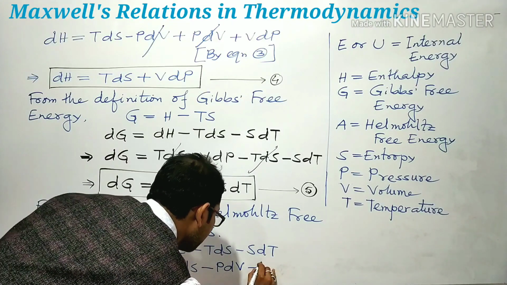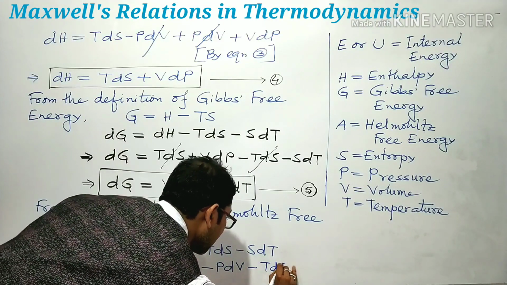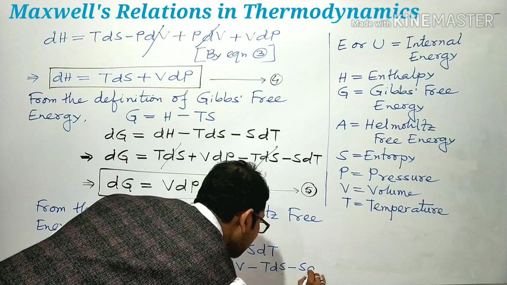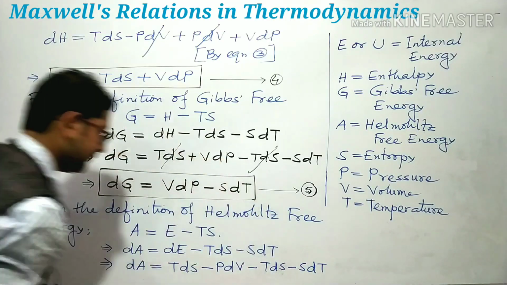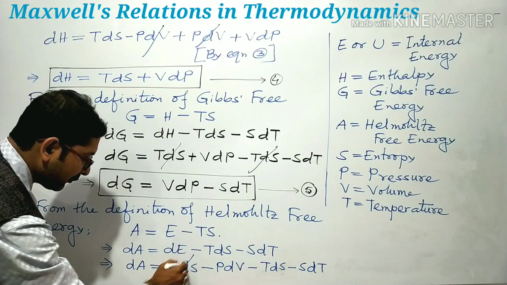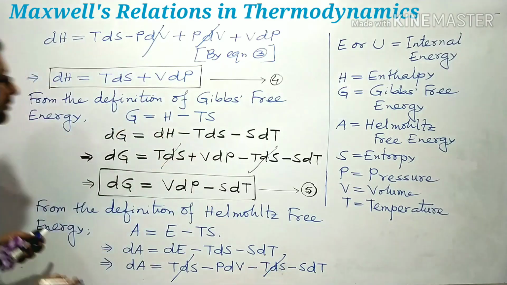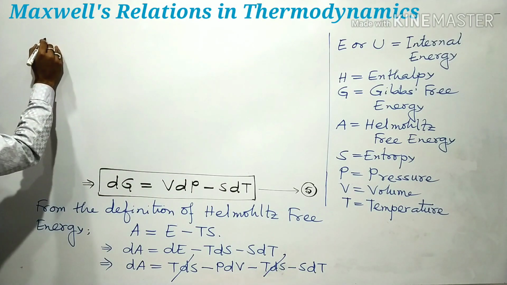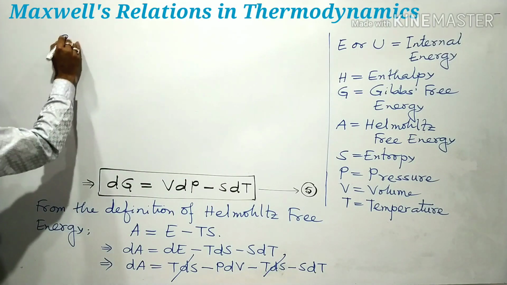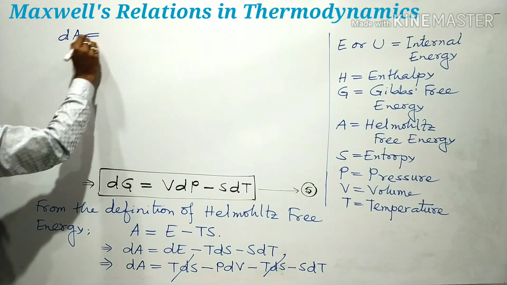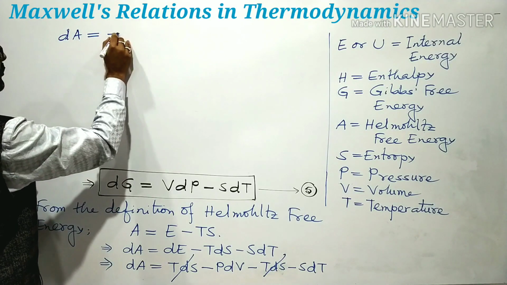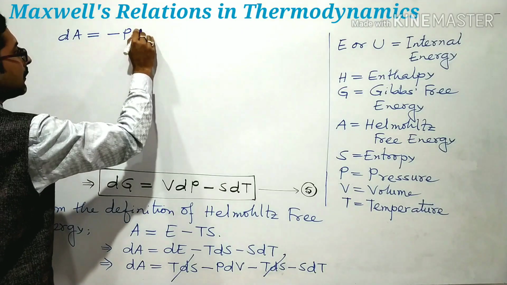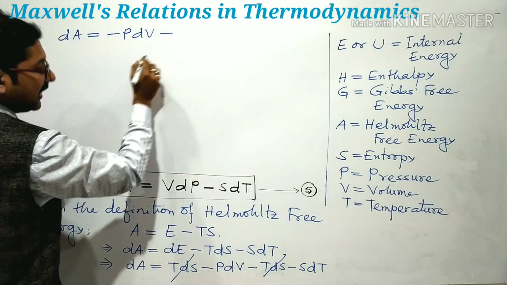This is your minus TdS minus SdT. So these two terms cancel out, gives us dA equal to minus PdV minus SdT.